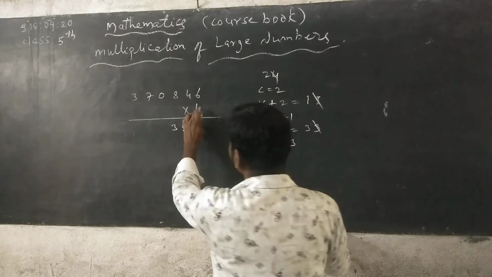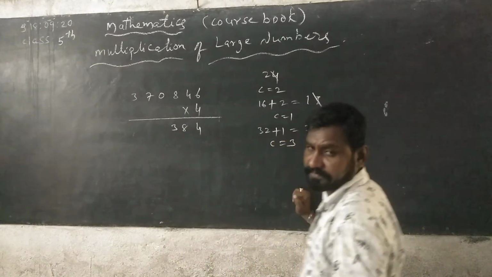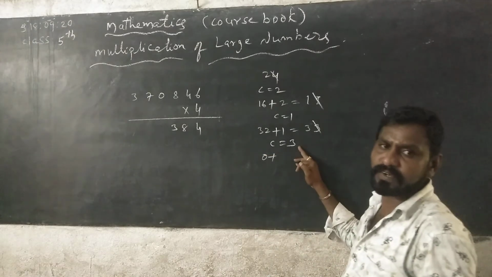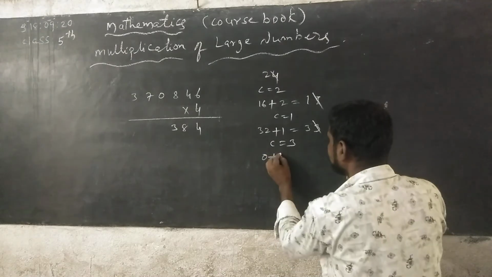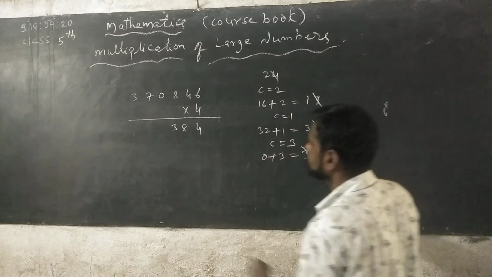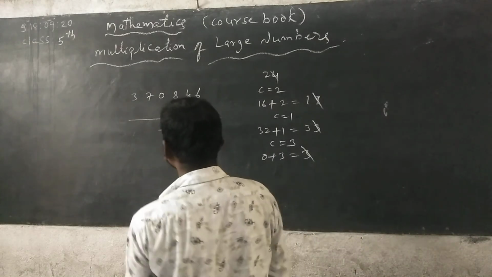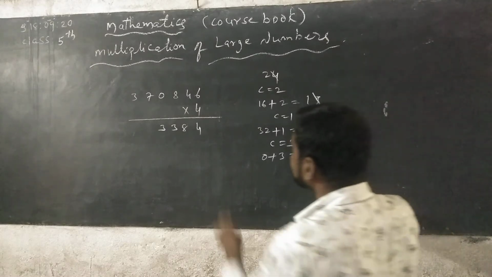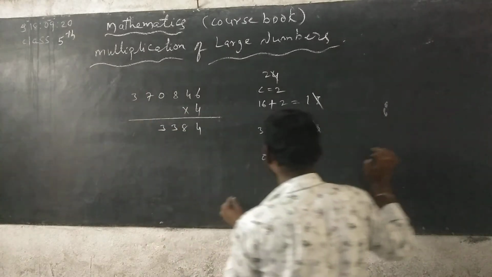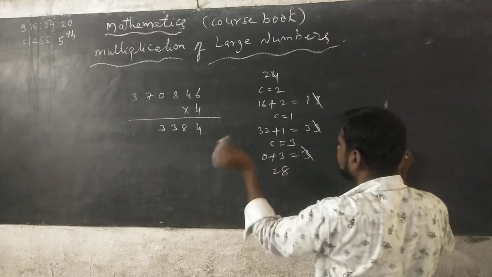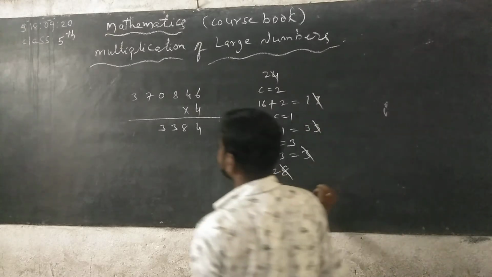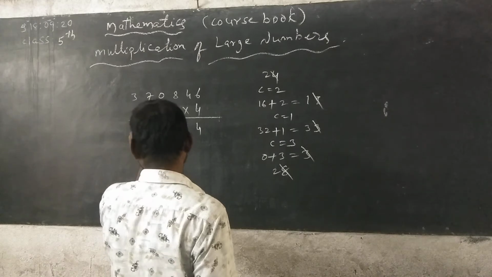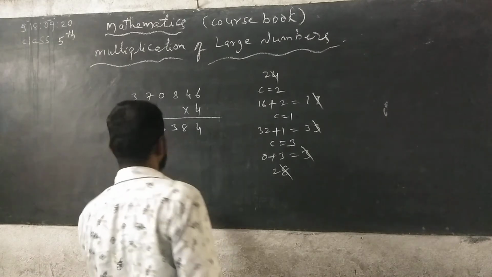Next, 4 zeros are 0, but carrying 3 is there, so 3 is added to 0, we get 3. Now next, 3 is a 1 digit number, so there is no carrying. Now next, 4 sevens are 28. Carrying is there? No. You write 8 under the thousands column, and carry 2.